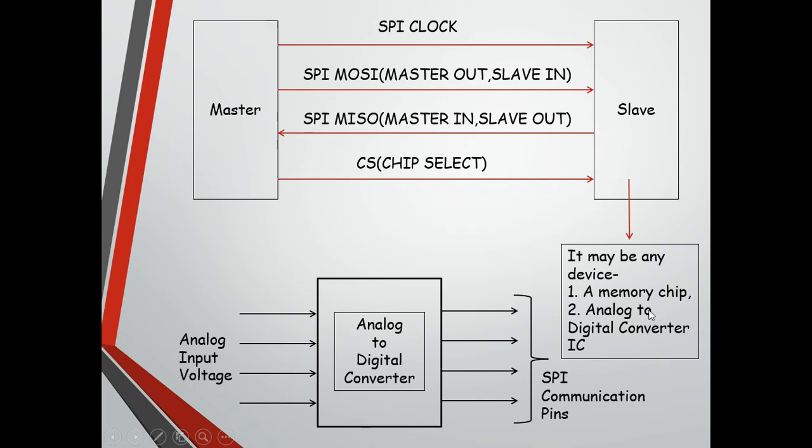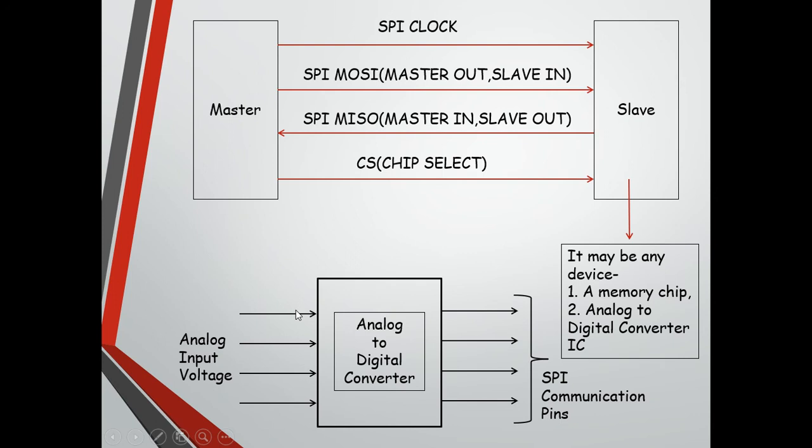Another one is analog to digital converter IC. Nowadays, many analog to digital converter ICs are coming with SPI interface. That means this IC will convert our analog domain data. Suppose there is an analog input voltage of 0 to 5 volt.